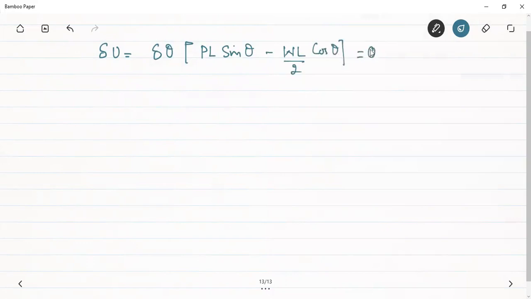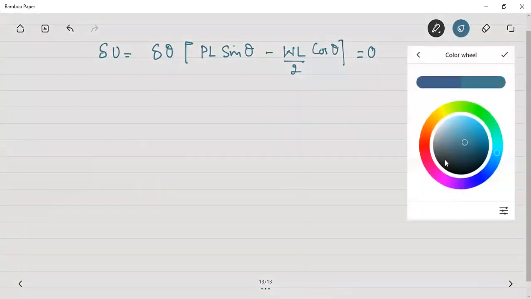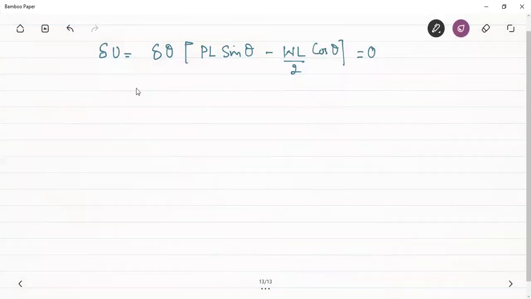As per the principle of virtual work, this has to be equal to 0. Now we have assumed some imaginary displacement of delta theta. Delta theta can't be equal to 0, although it is 0 in actual, but we have assumed it to have some certain value because we are giving certain imaginary displacement. Therefore, this term can't be 0.